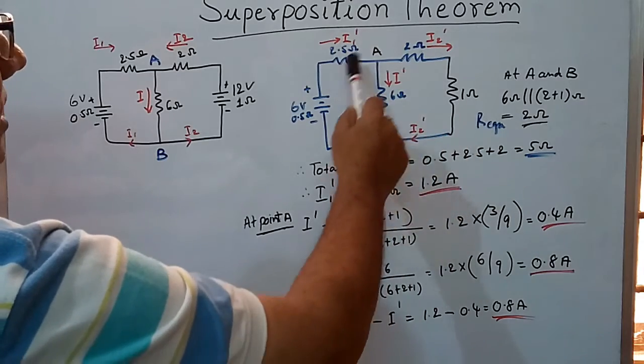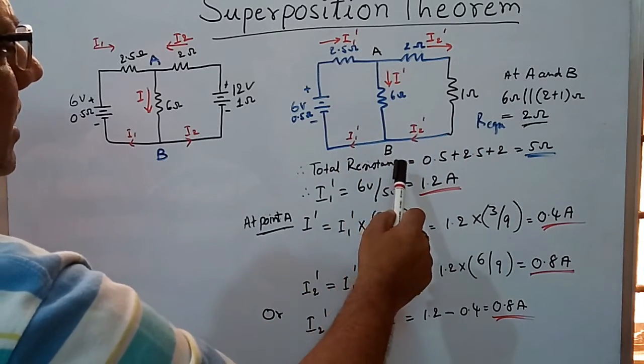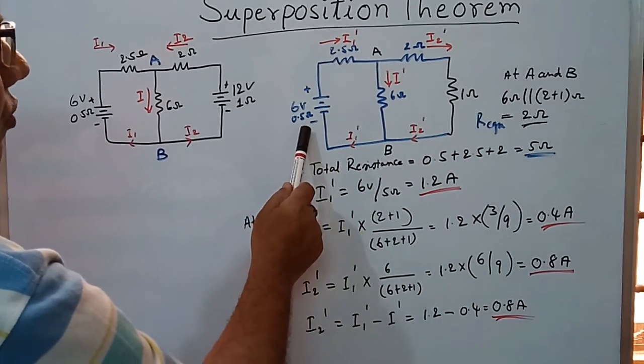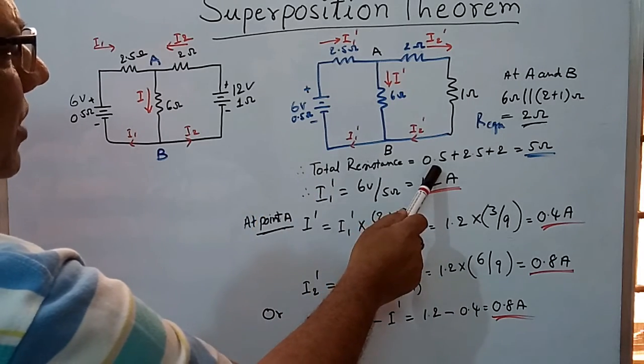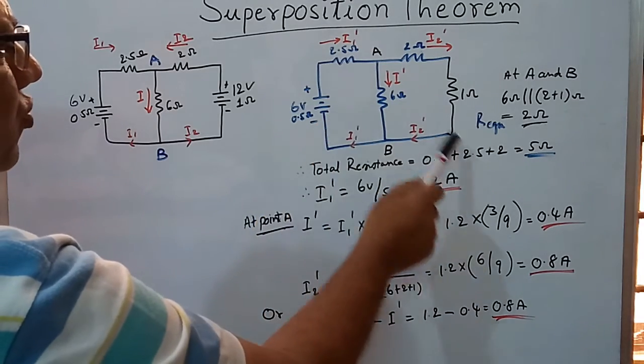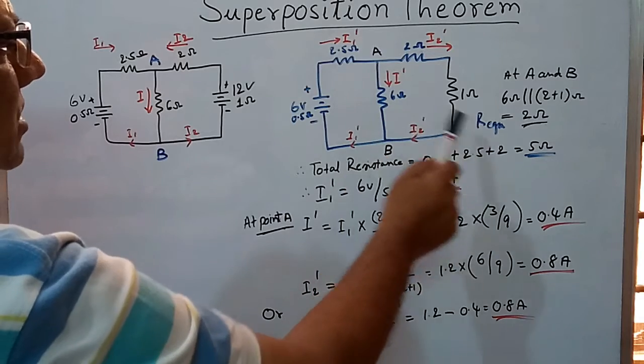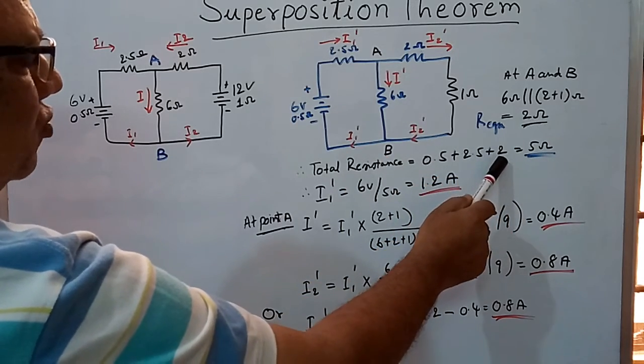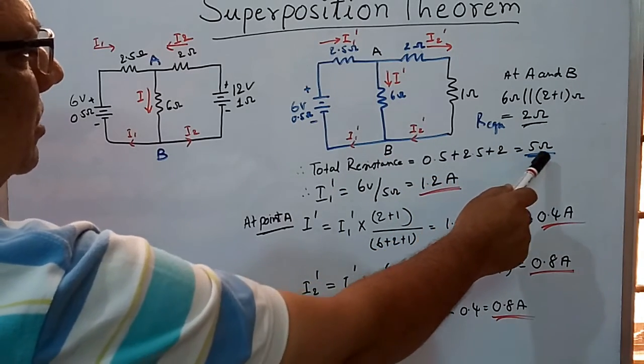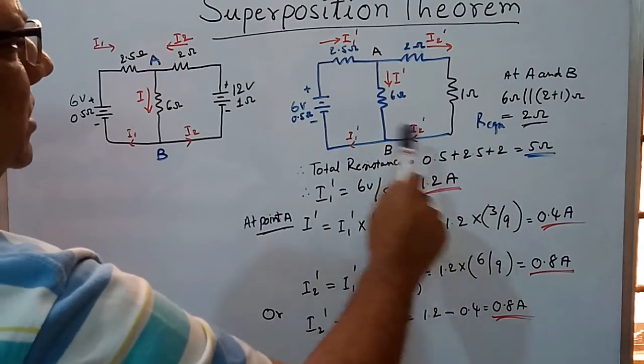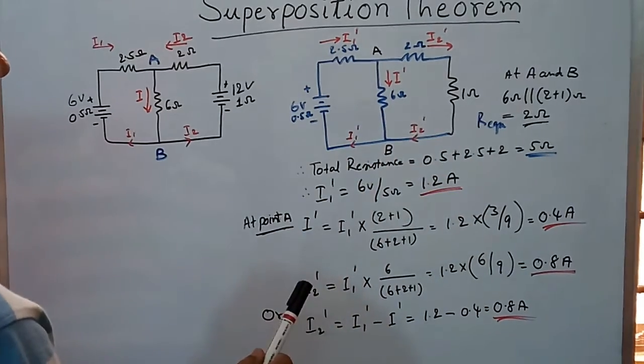Now the total resistance of the network is 0.5 ohms internal resistance of the EMF plus 2.5 ohms plus the equivalent resistance 2 ohms, that is 5 ohms is the total resistance of this network.